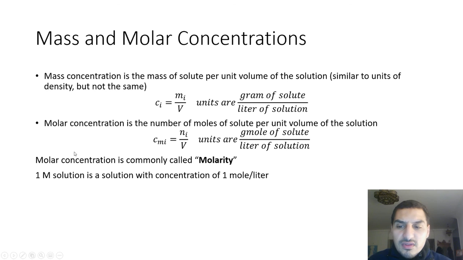So if I have 1 M, this is how we express the molarity. It is a solution with a concentration of 1 mole per liter. And it's needless to say that the relation between the mass and mole concentration would be the molecular weight, because the only difference is gram or gram mole. So these are the units that we use.